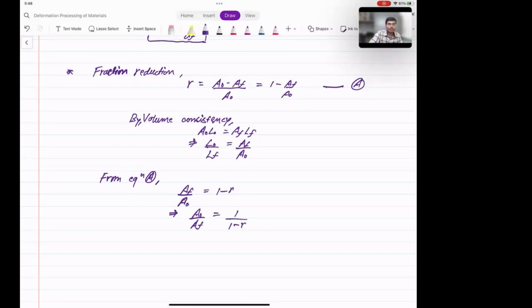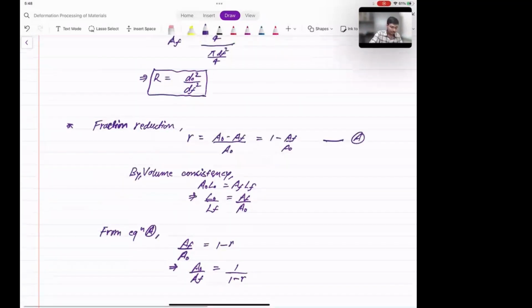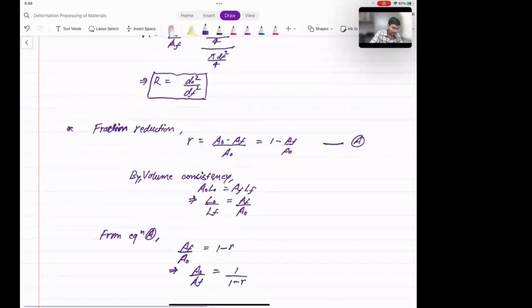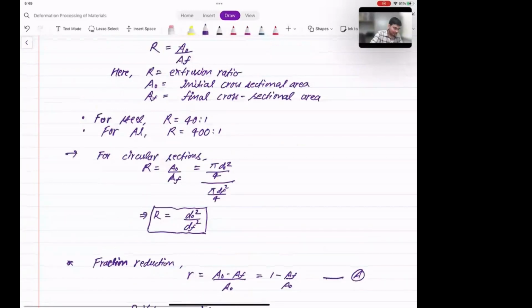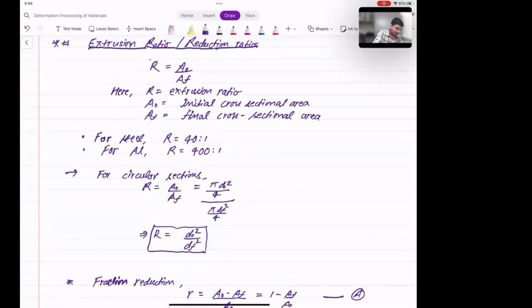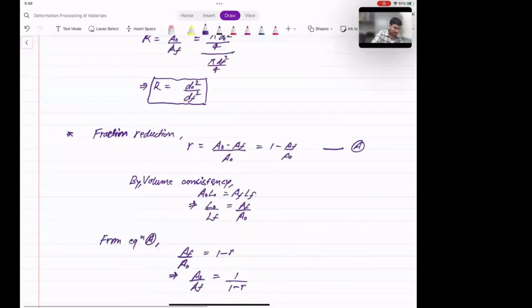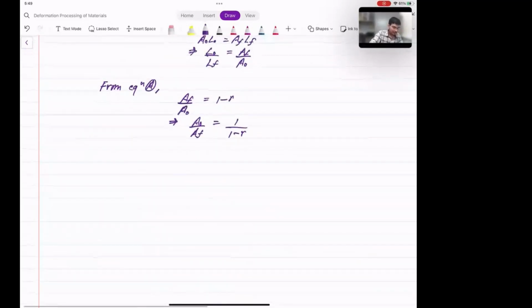And we know that this A naught by AF is nothing but the extrusion ratio, capital R. So if we replace here, we will get the relation between the extrusion ratio and fractional reduction.